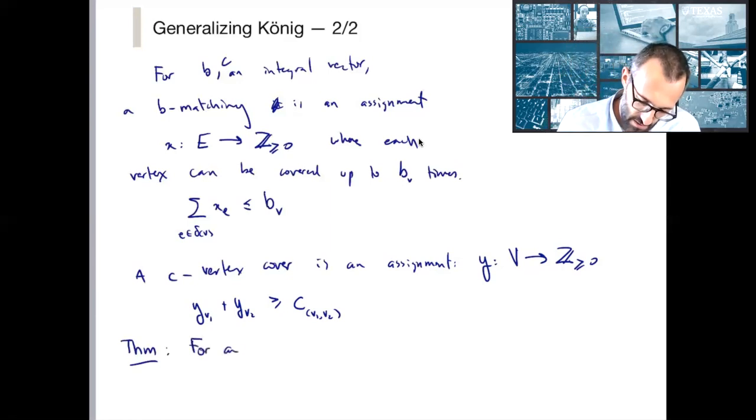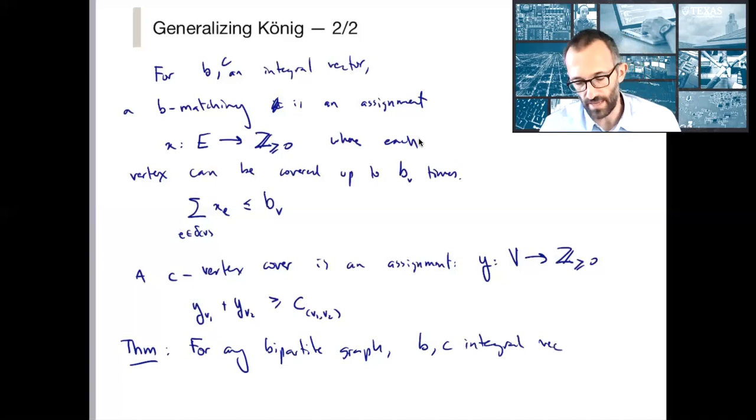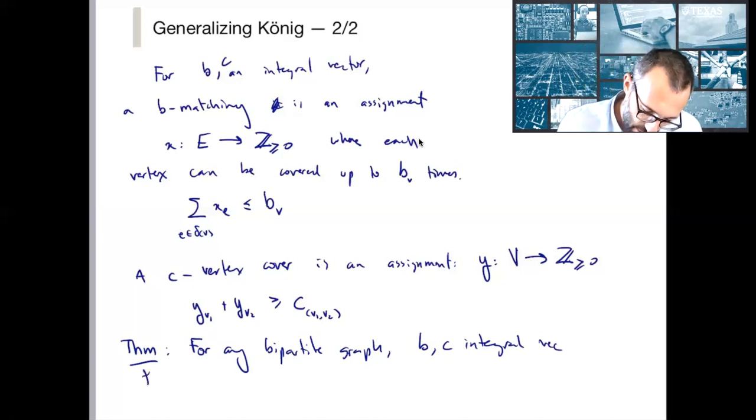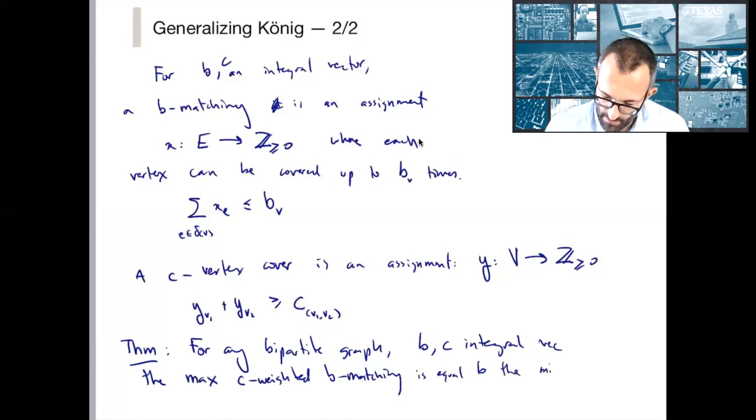So for any bipartite graph and any integral b and c, integral vectors of appropriate dimension, b is the length of the vertices and c is the length of the number of edges, the maximum c-weighted b-matching, so c attaches cost and the b-matching is the constraints, is equal to the min b-weighted c-vertex cover.